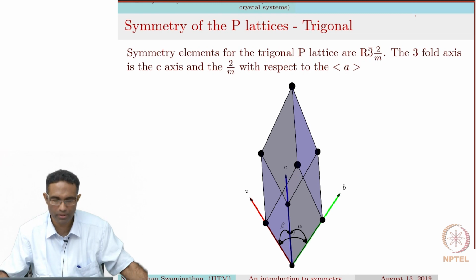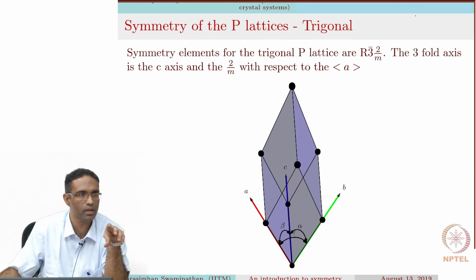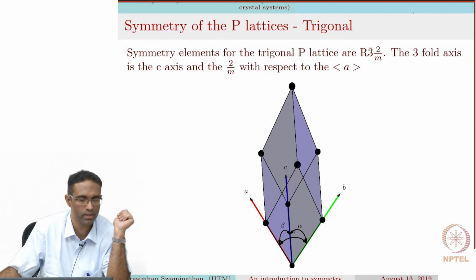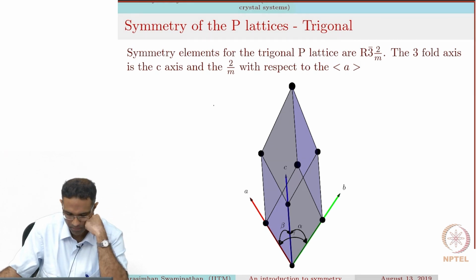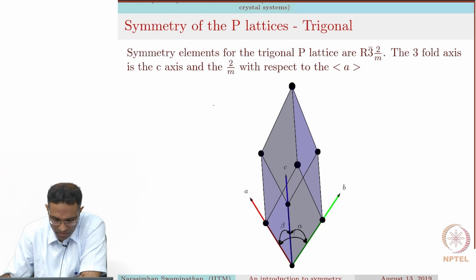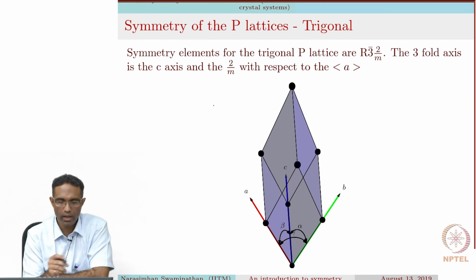This has a 3-fold symmetry, but otherwise it can actually use the hexagonal unit cell to generate this crystal structure. So we will see what is the difference between the hexagonal unit cell and this one. In the rhombohedral unit cell, what happens is the following.